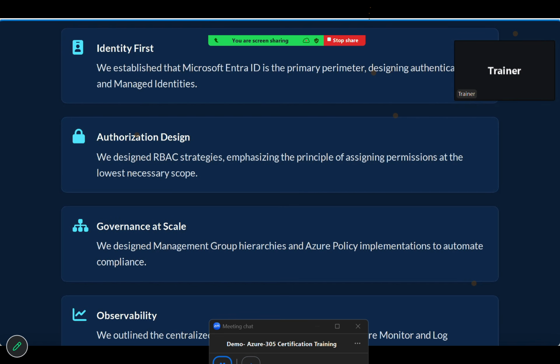A company has three business units, 10 subscriptions, 500 users, and security compliance requirements. The question is, how many management groups would be created? Five?